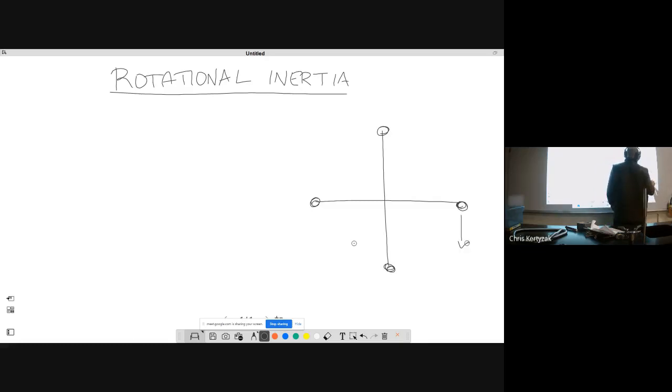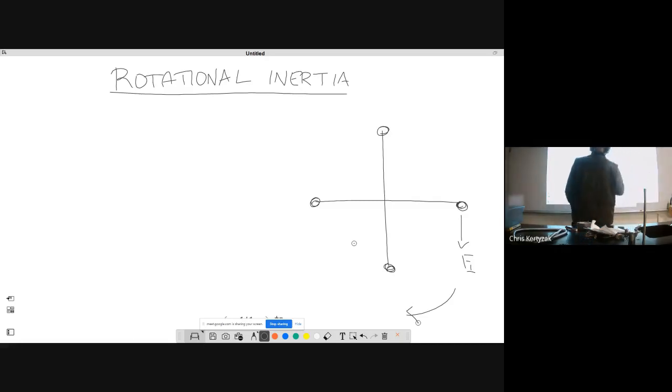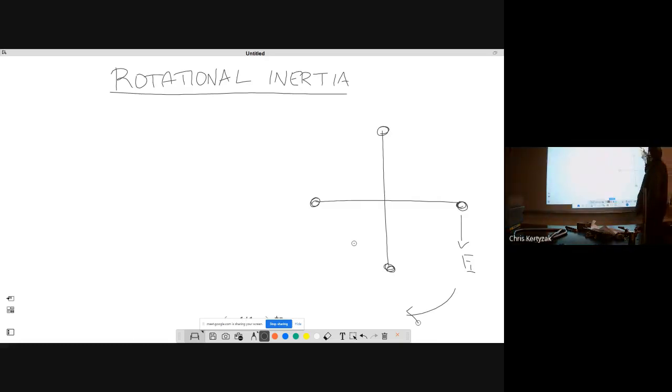And then there's some torque that's applied and it gets this thing rotating. But we said how rapidly it gains rotational speed depends on how much torque.